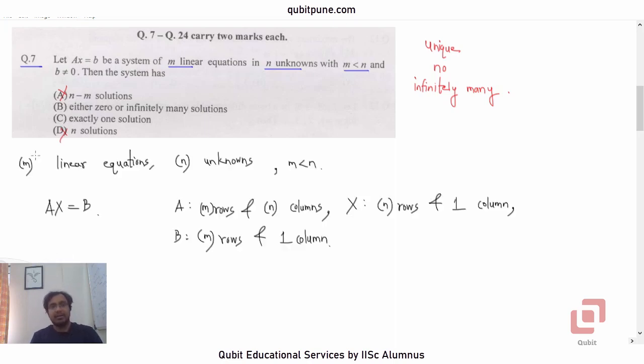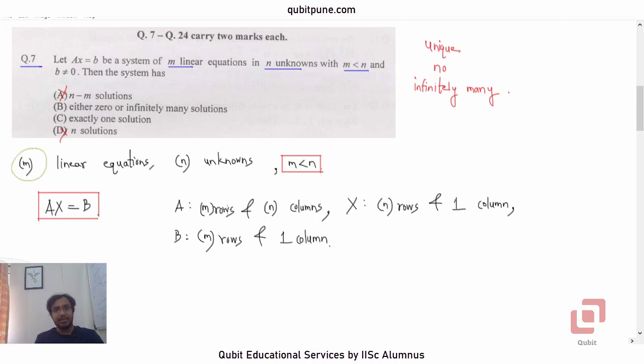It's given that our system contains m linear equations and n unknowns, and this condition that the number of equations is less than the number of unknowns is important. If we write Ax equal to B in the matrix form, then the coefficient matrix is going to have as many rows as the number of equations.